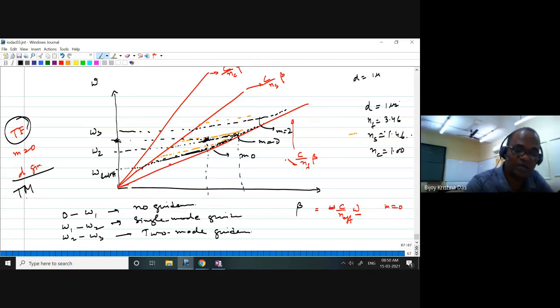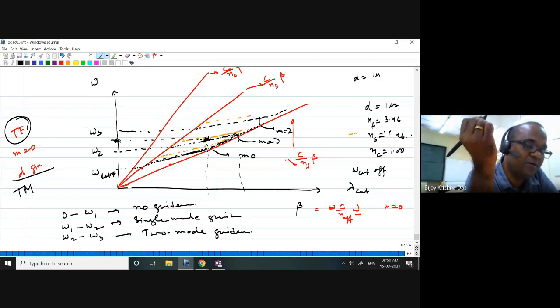Now I will ask: what is the cutoff frequency for guidance? That means at which lowest frequency it can start guiding, or I can say, what is the lambda cutoff, that means the upper wavelength cutoff, so that it can start guiding.